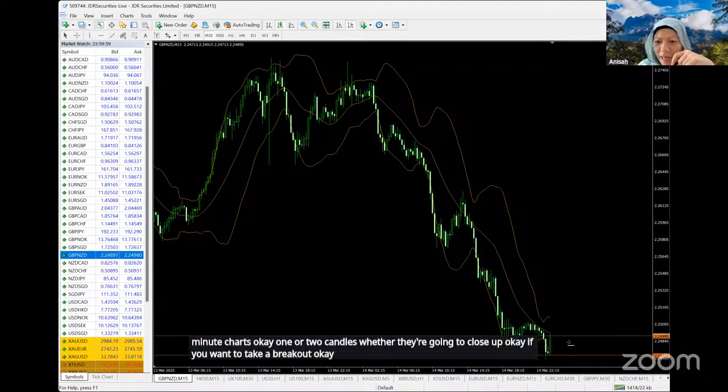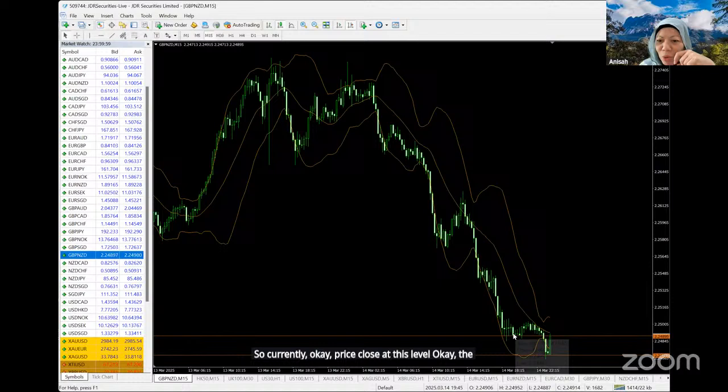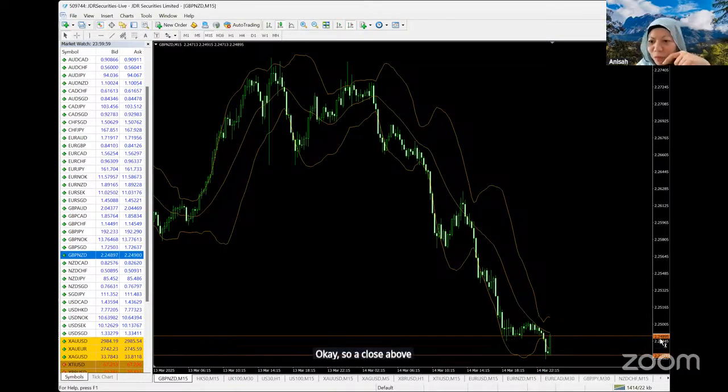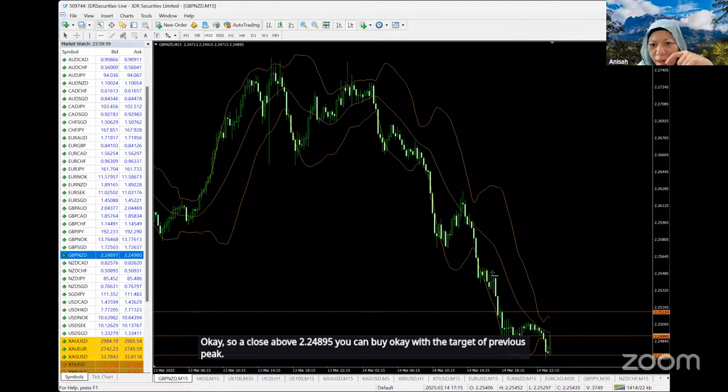Currently, price closed at this level, the base of the previous low. So a close above 2.24895, you can buy, with the target of the previous peak, first here and second here.